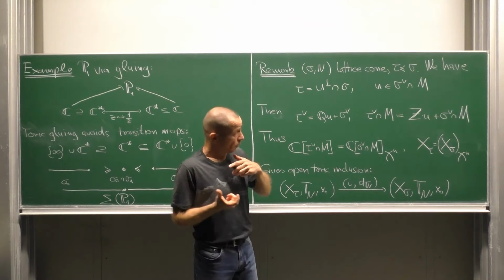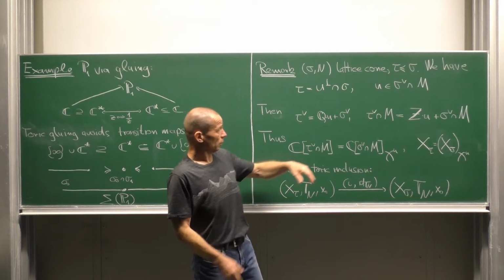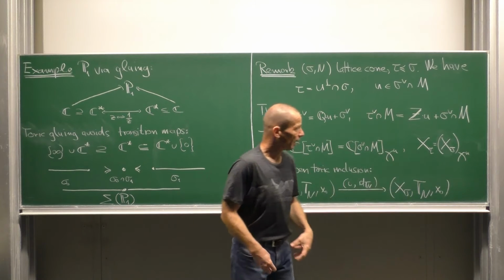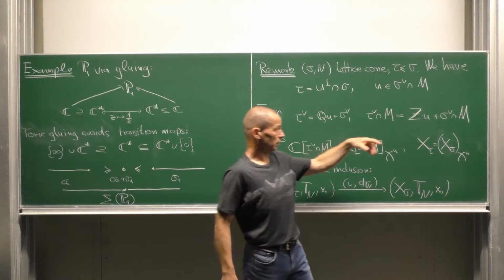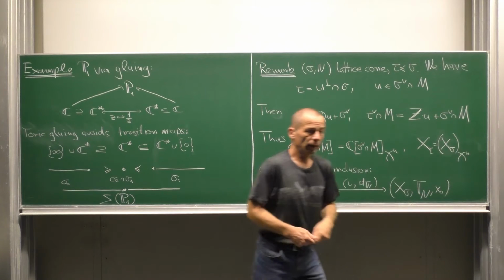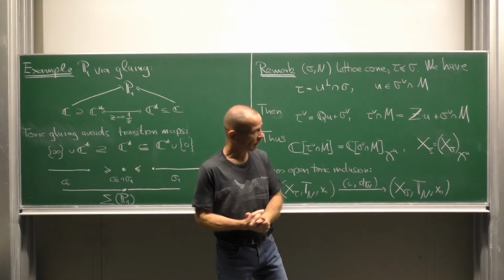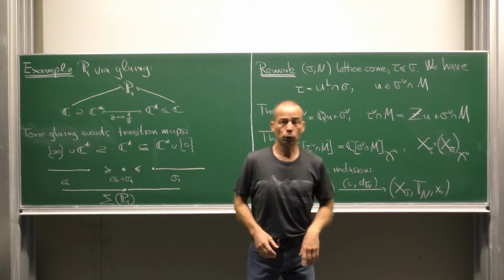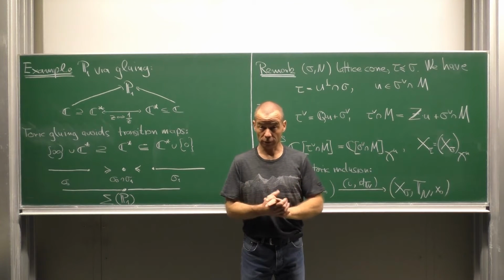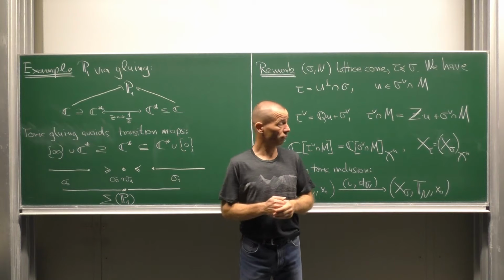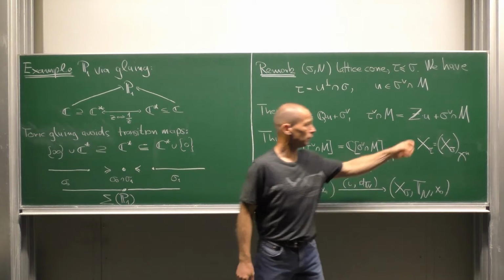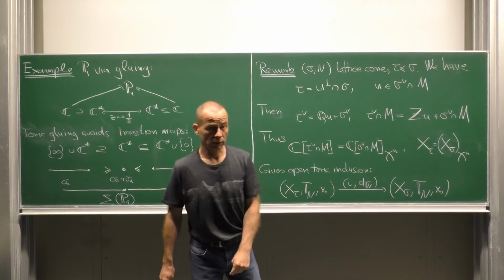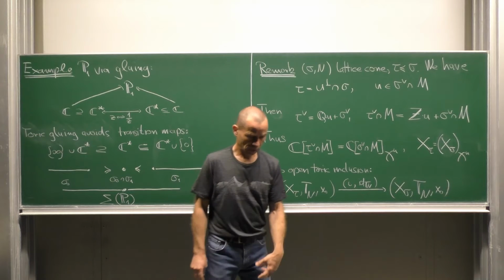Similarly, for the cone monoid, dual cone of tau intersected M is sigma dual intersected M, and what is new are the integral multiples of U, in particular the negative multiples. They are not contained so far in sigma dual intersected M.